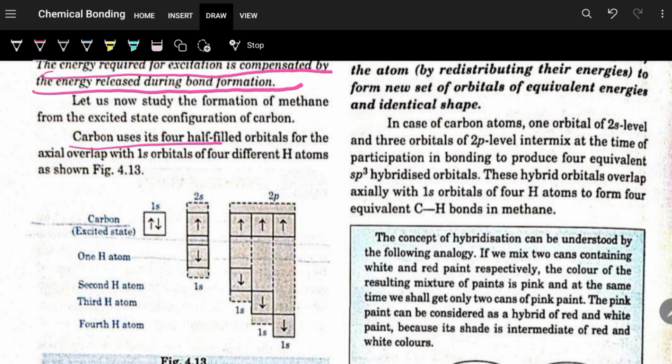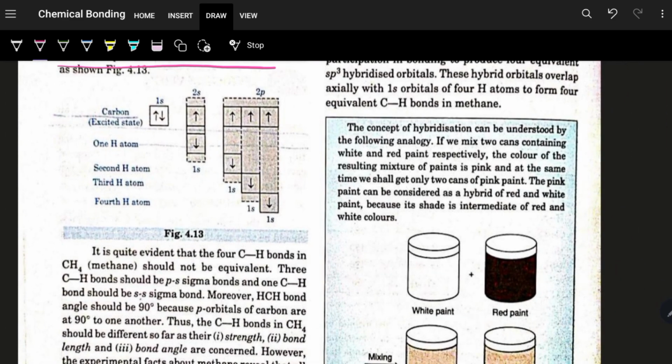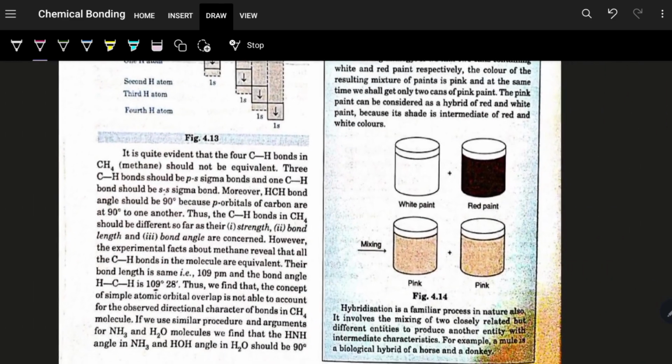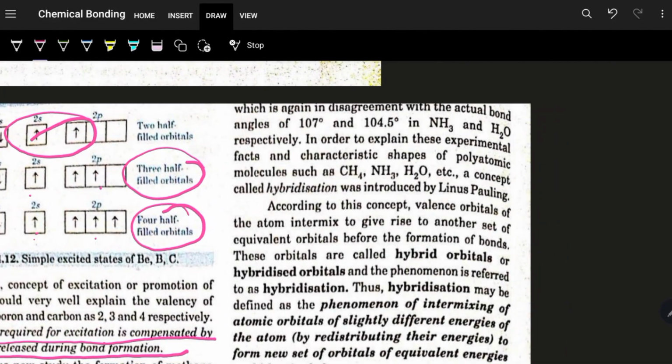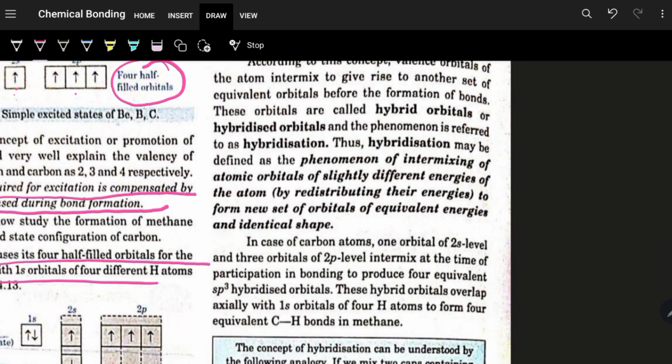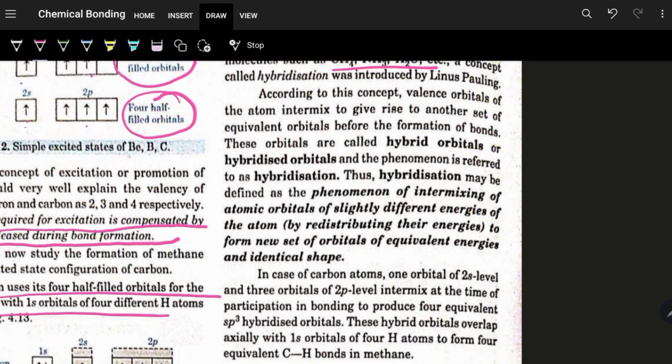Carbon uses its 4 half-filled orbitals for axial overlap with 1s of 4 different hydrogen. So we have seen CH4, we have seen H2O, all these things. We have seen NH3 in the previous section where NCERT textbook is being explained.